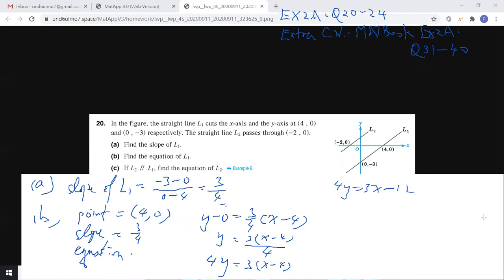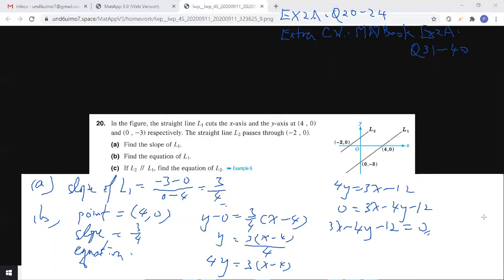Then move all terms to one side, but keeping the x term positive, just like this, and then you just write the equation on the left-hand side. So that is the equation of L1.